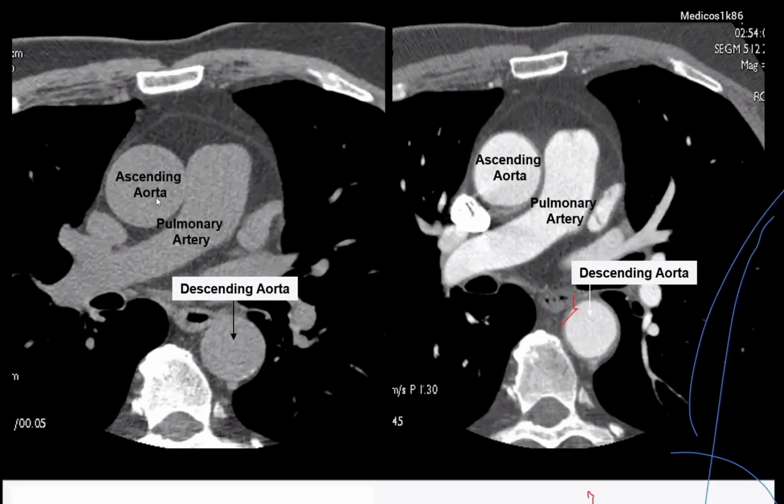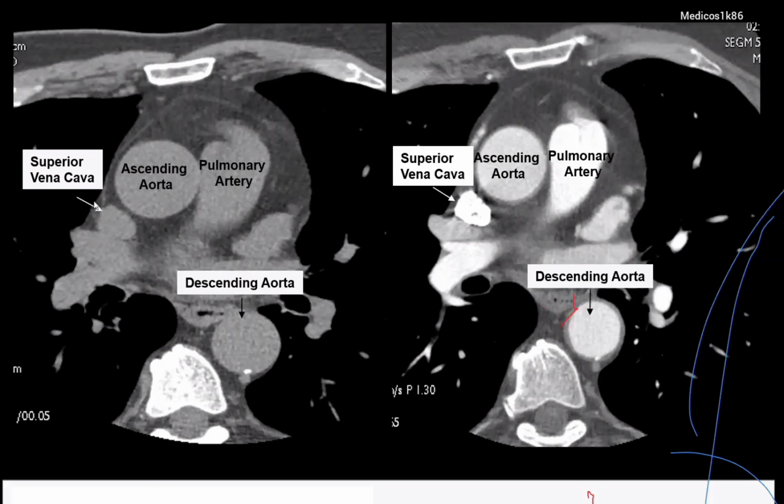So when we use it as a bolus tracking localizer, we prefer to put the ROI on the descending aorta, not the ascending aorta, because the ascending aorta is affected by the artifact coming from the superior vena cava. This is very important. I will go down one by one.